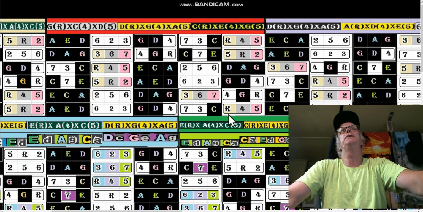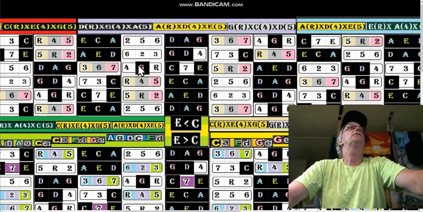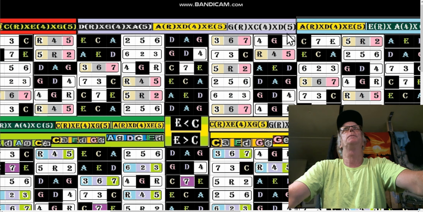Okay, so root is still essentially yellow, and Lydian, the fourth, is gray, and the fifth, Mixolydian, is red. So it's the same thing, and everything's squared up here the way it should be. So the D box would be purple.